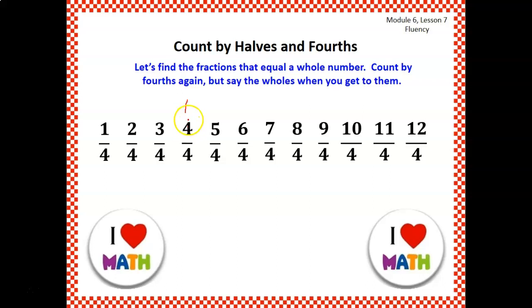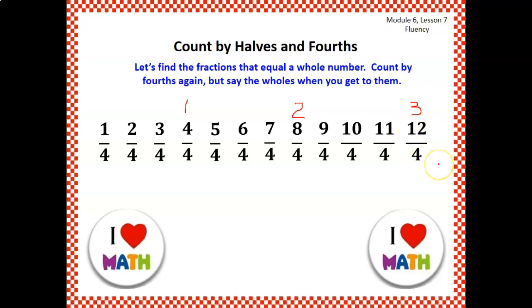So let's use this like a number line. 1, 2, 3, 4 is going to be 2. So 8 fourths is 2. 1, 2, 3, 4. And that shows me that 12 fourths is 3.